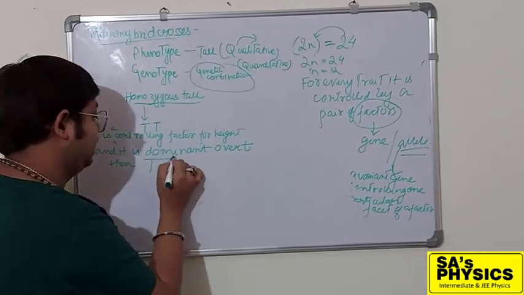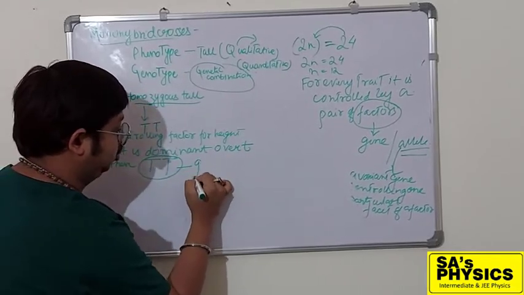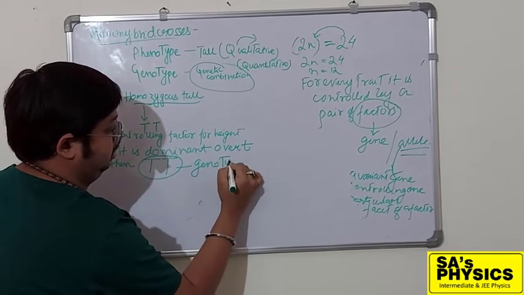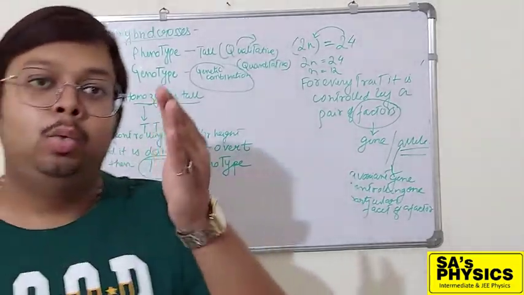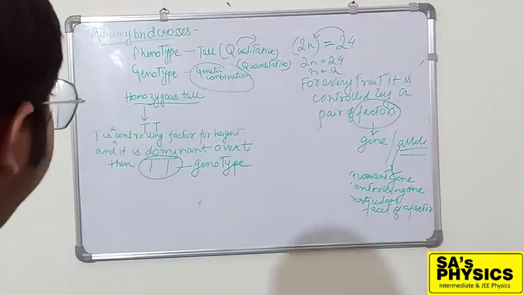That means the genetic composition, again the genotype, will be capital T, capital T. So if someone says, what is the genotype of a homozygous tall plant?